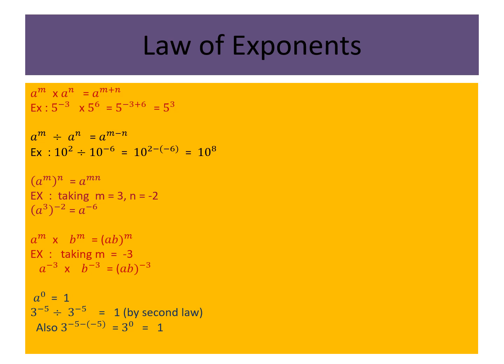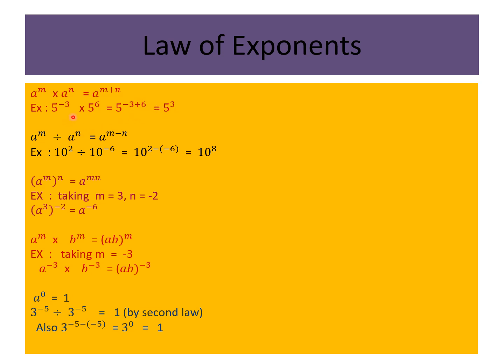The first one, a power m into a power n equal to a power m plus n. If it is multiplication, in the power we will have the addition. For example, I have taken 5 power minus 3 into 5 power 6, which is equal to 5 power minus 3 plus 6.